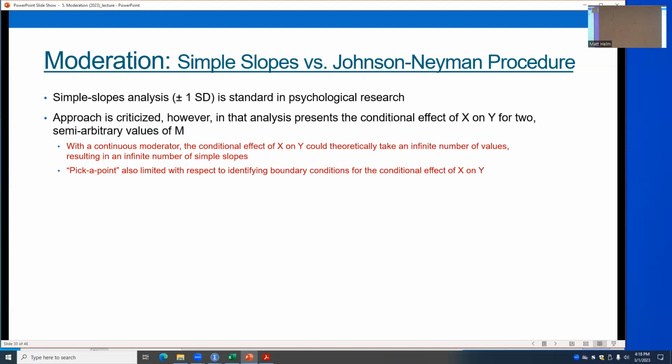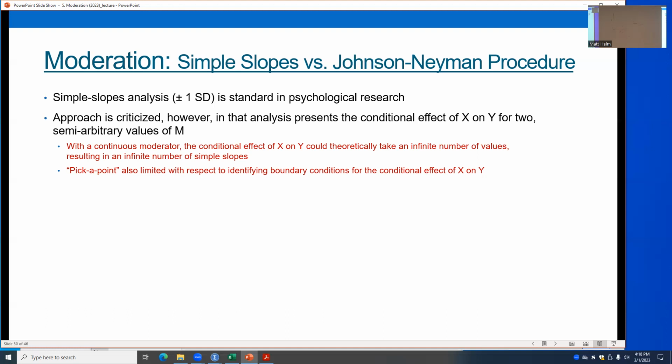Now, if you report that you looked at simple slopes at 3 standard deviations above and below the mean, someone's going to flag you. Why would you do that? There's no one existing out there in that tail. It's a weird hypothetical. But there may be situations where some critical point of your moderator makes conceptual, theoretical sense.